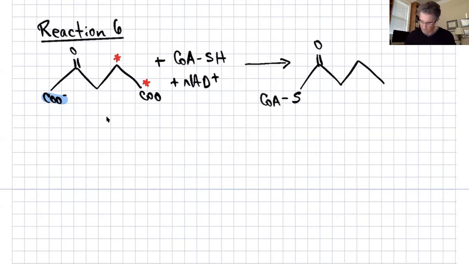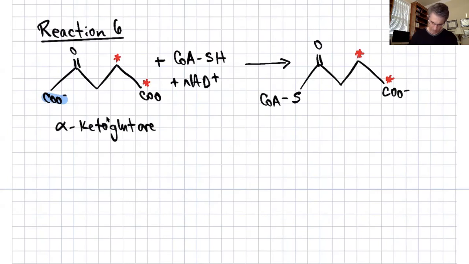Right? To create, let me just write this out fully. This again was alpha ketoglutarate, right? To create succinyl-CoA.